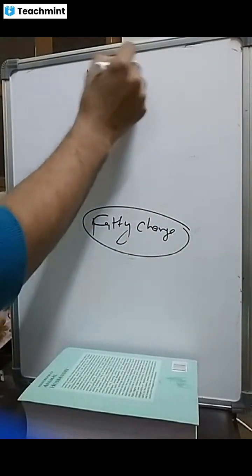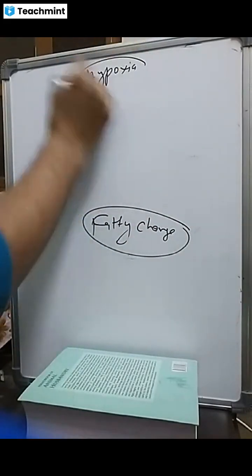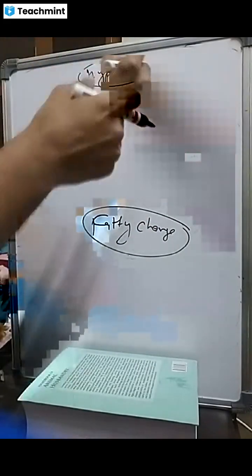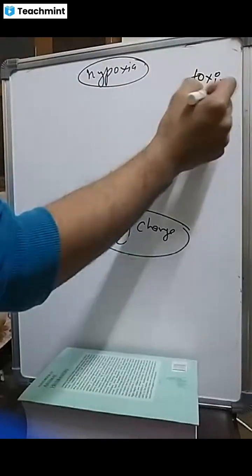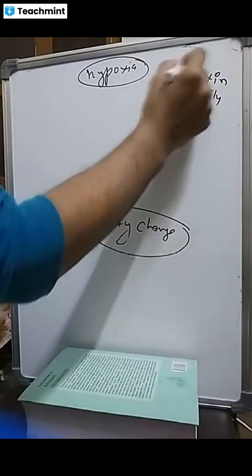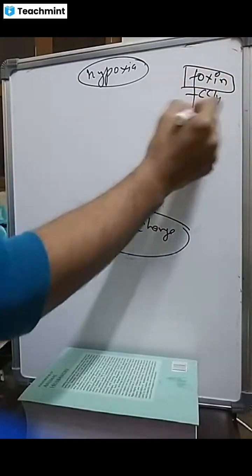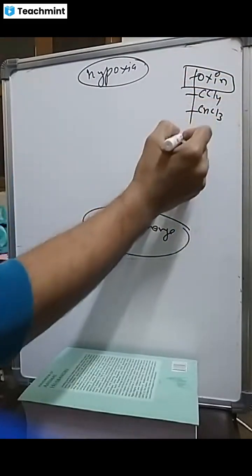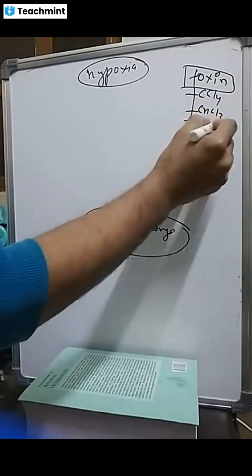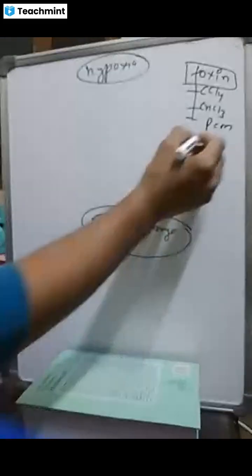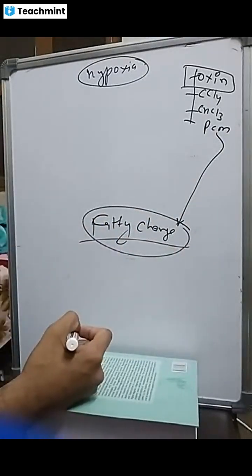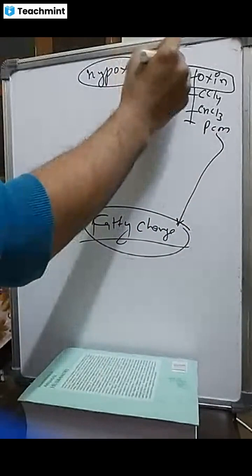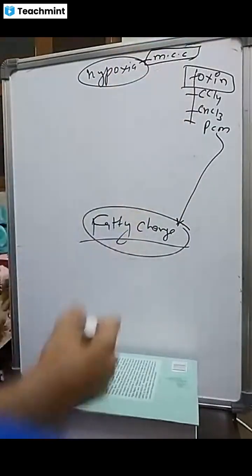One mechanism is hypoxia. But there are other examples. There are toxins like CCl4, chloroform, like paracetamol. These may also cause fatty change, but hypoxia is the most common cause.